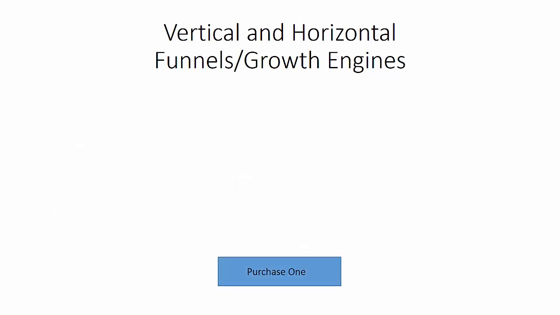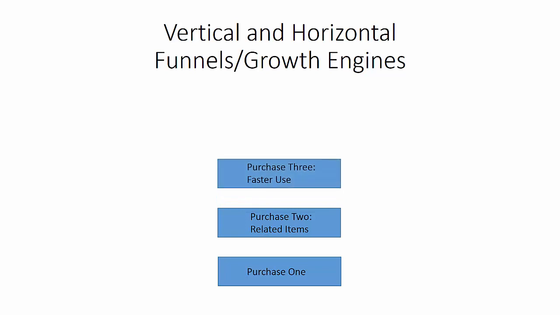So here's what that looks like. The customer makes a first purchase or an initial purchase. And then they might be encouraged to buy related items to that purchase. That's another way we can increase our revenue at that point in time, that they can increase the amount that they spend by getting those other items. We could also encourage them to make a purchase so that they might be able to use what they have faster.